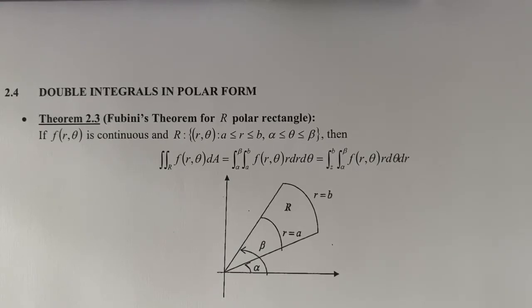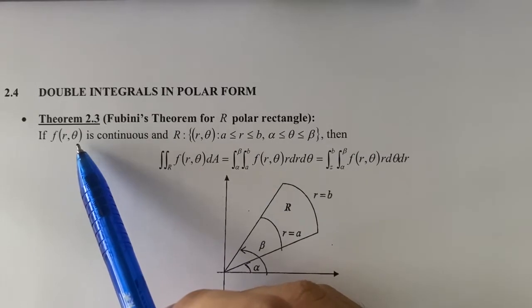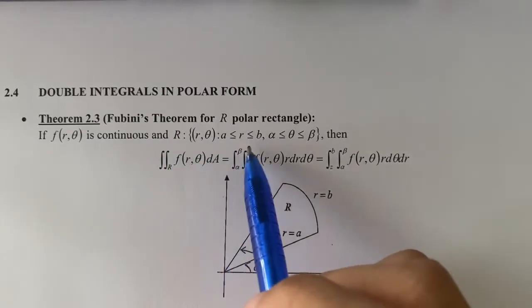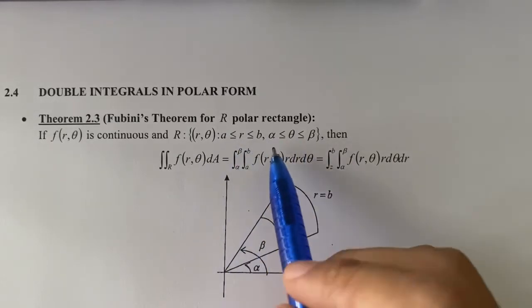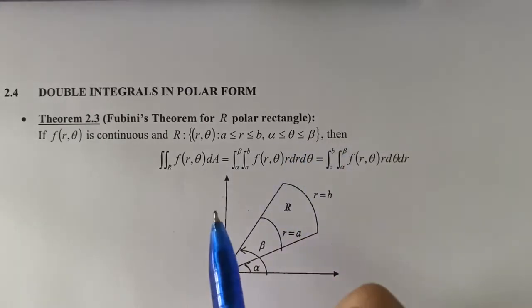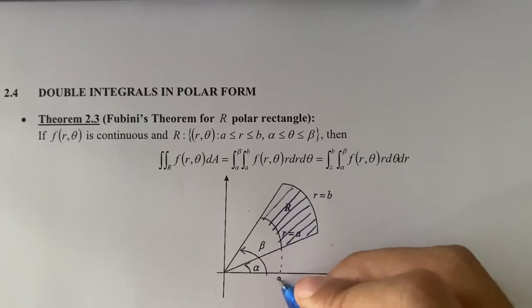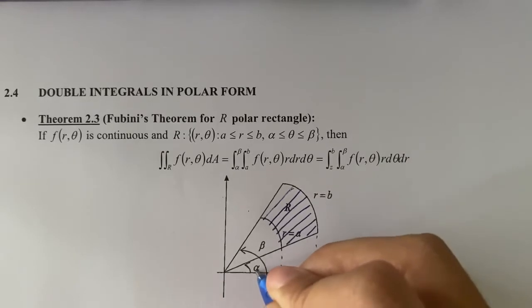As mentioned in theorem 2.3, Fubini's theorem for region R in polar rectangles, if a function f(r, theta) is continuous and bounded by r limit from a to b, and theta limit from alpha to beta, then we have this region. Our r limit is from a to b and theta limit is alpha to beta.